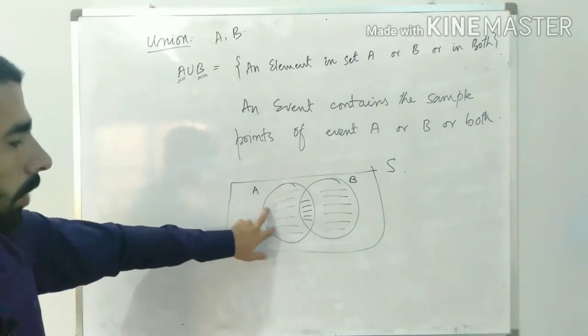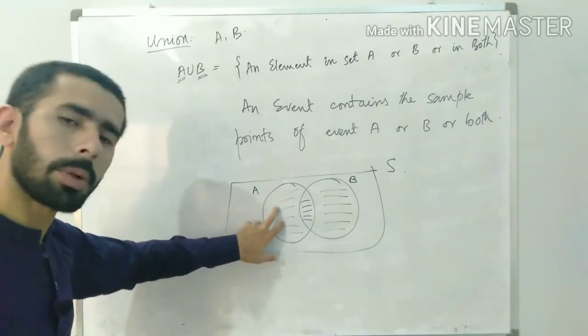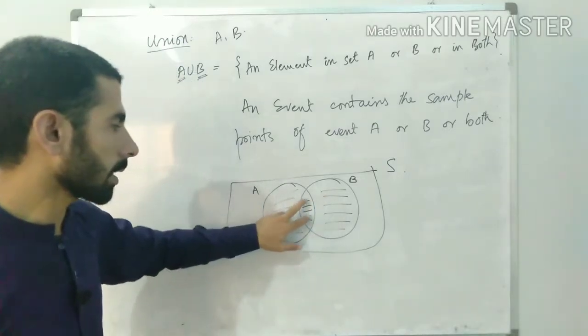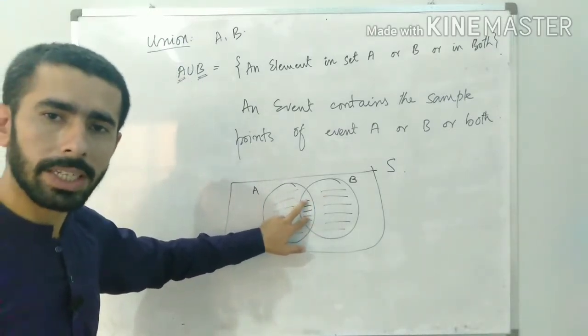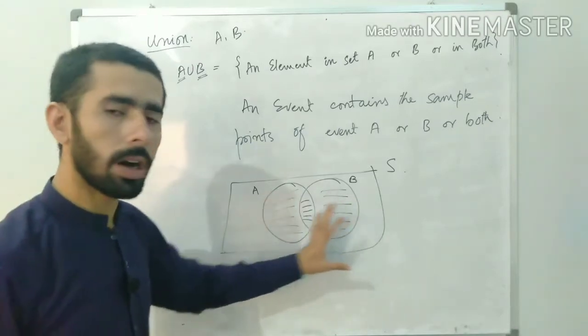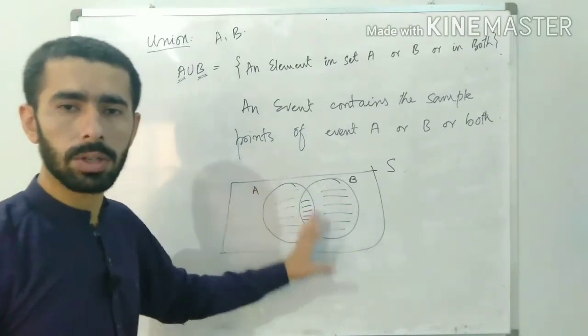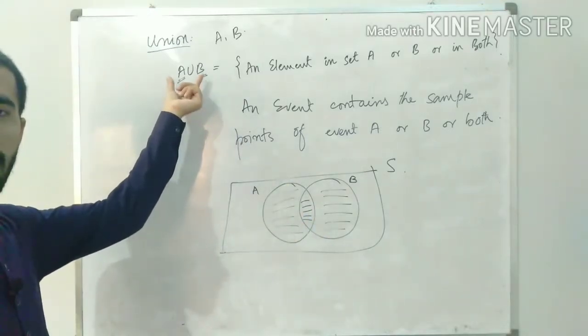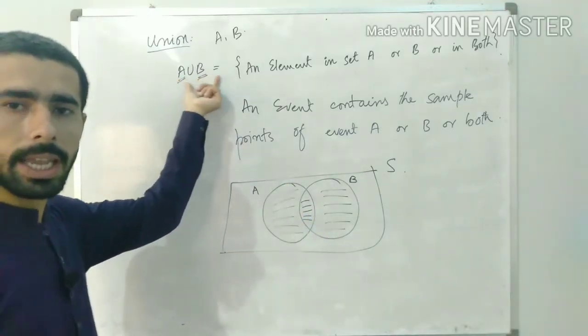If you collect all those outcomes, all those sample points, you get another event, that is the union of events A and B.